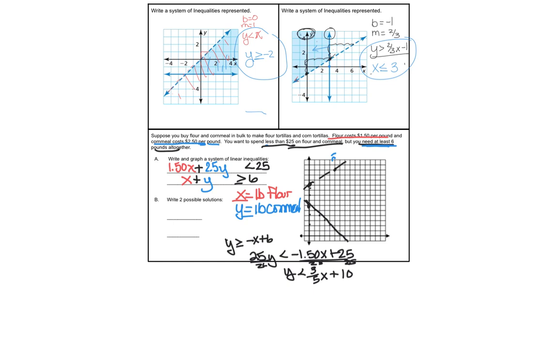All right, so we need to do our shading. So on this one, for this line, it said that y was greater than that. So we're going everything this way. Okay, so everything that way.